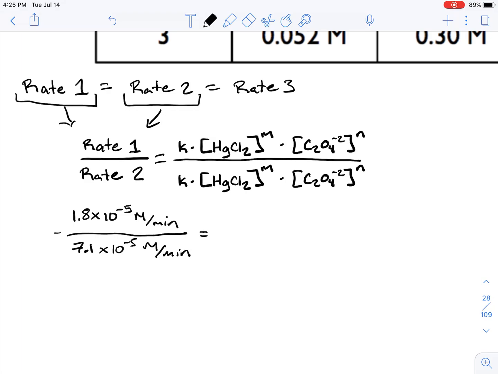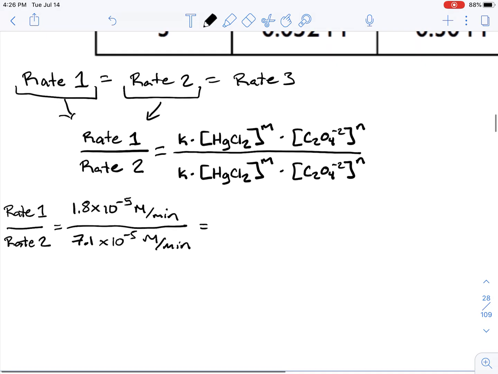Okay. So this was the rate for experiment 1, and this is the rate for experiment 2. And so, maybe I will just copy this down. Give me a second.